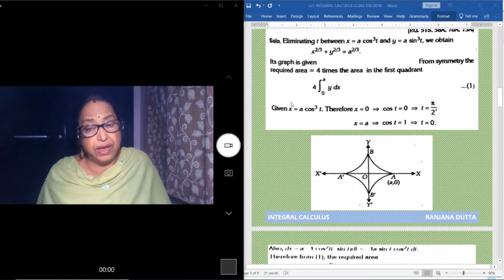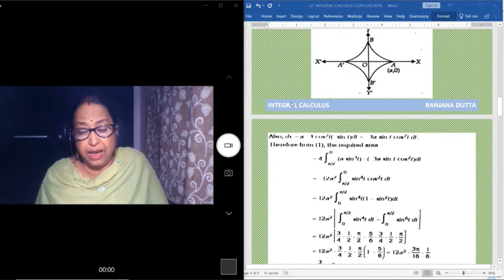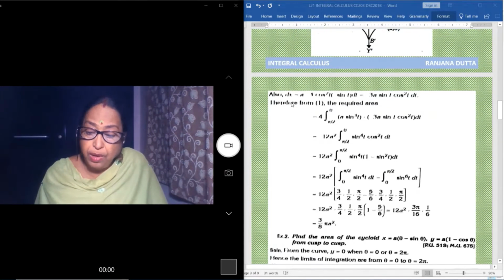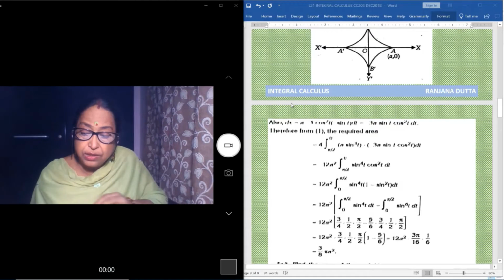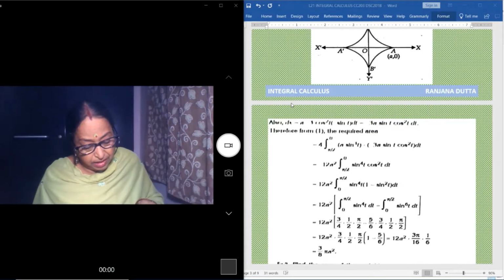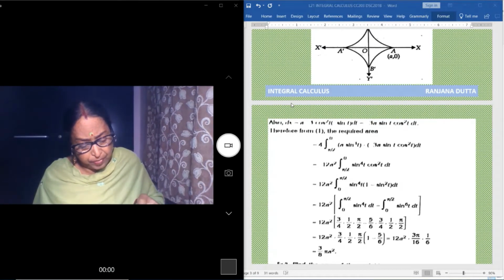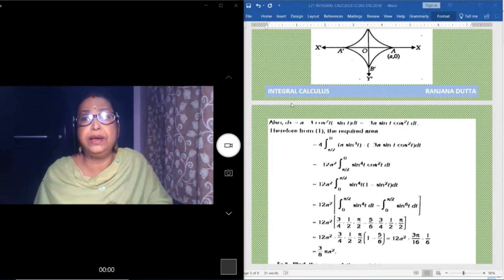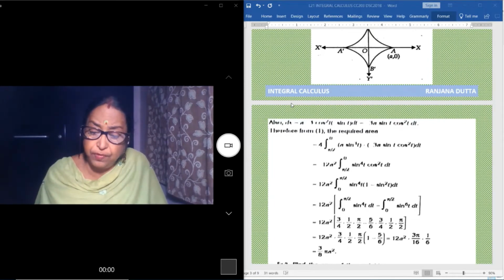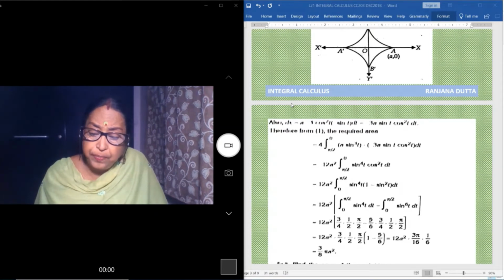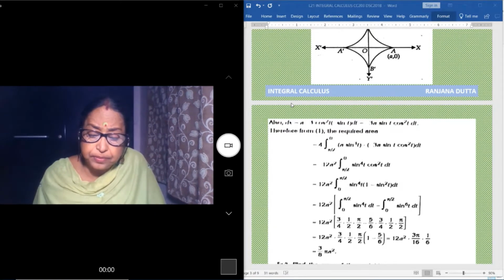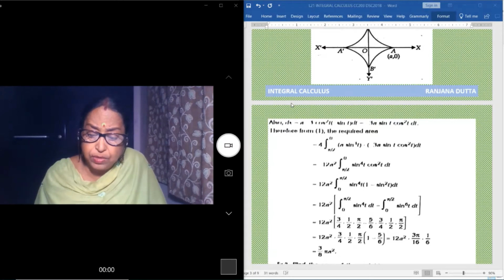So obtaining one area and multiplying it by 4, we can get the required result. Here also you can convert it into Cartesian form. You can do it using Cartesian form, or you can also do it using the polar form.